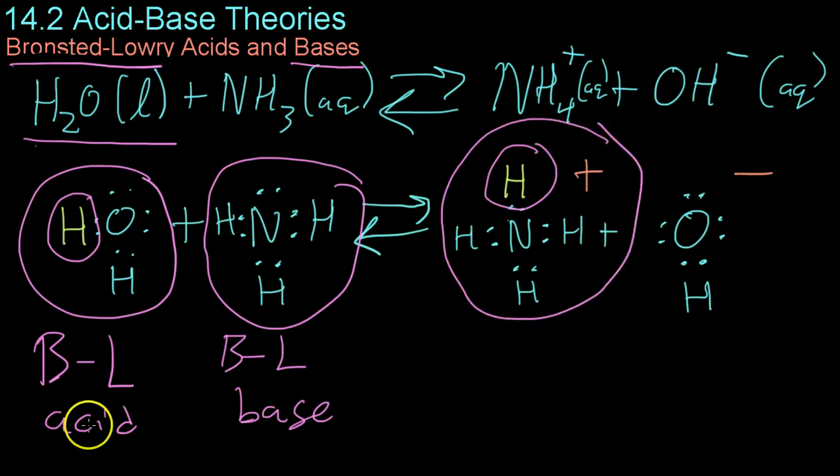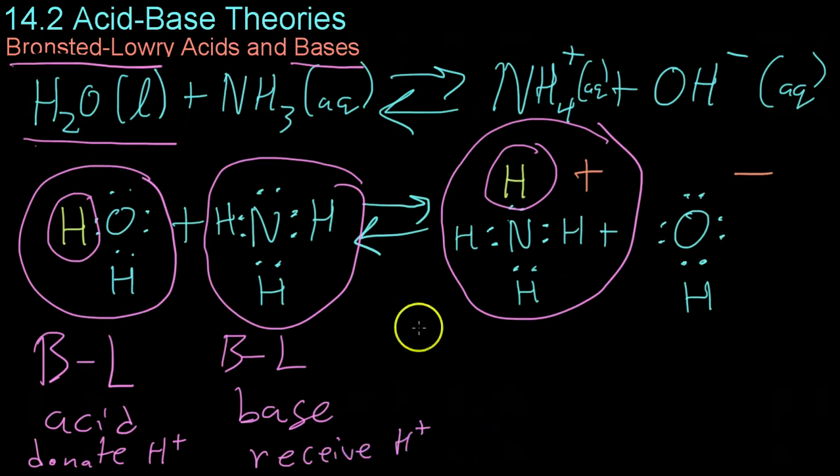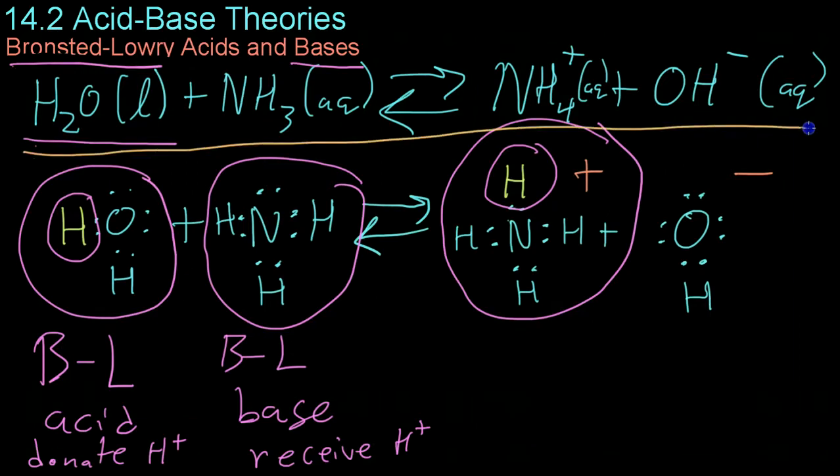So remember, Bronsted-Lowry acids are what donate H plus ions, and Bronsted-Lowry bases are what receive the H plus ions. And very unimaginatively, this whole reaction up here is what is known as a Bronsted-Lowry acid-base reaction.